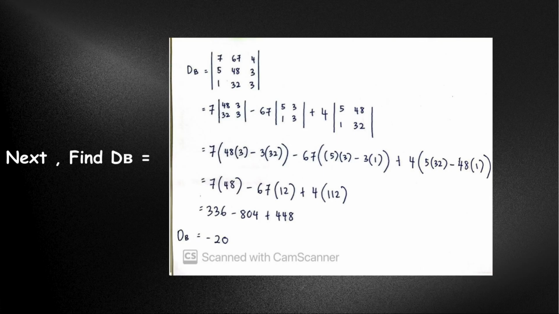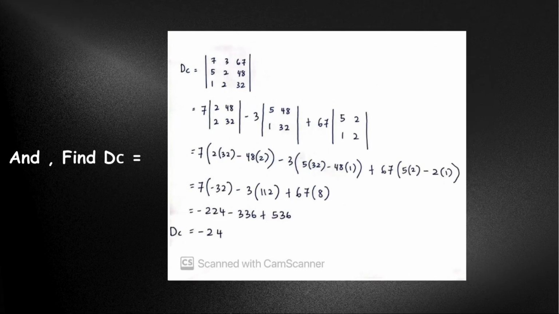Equal 7 times 48 minus 67 times 12 plus 4 times 112, equal 336 minus 804 plus 448. And the answer for dB is negative 20.